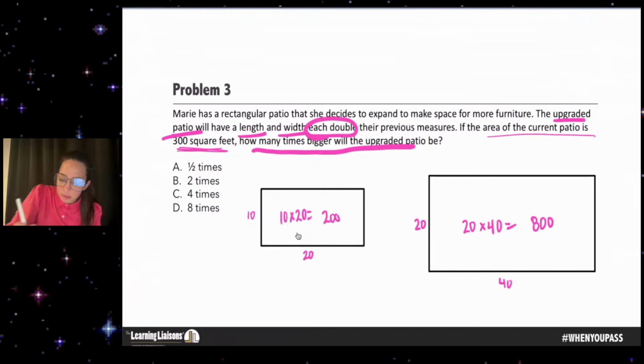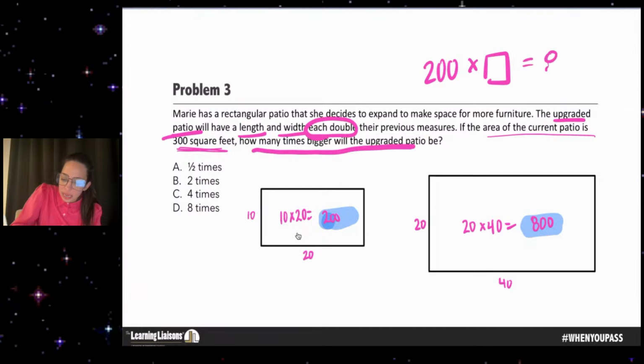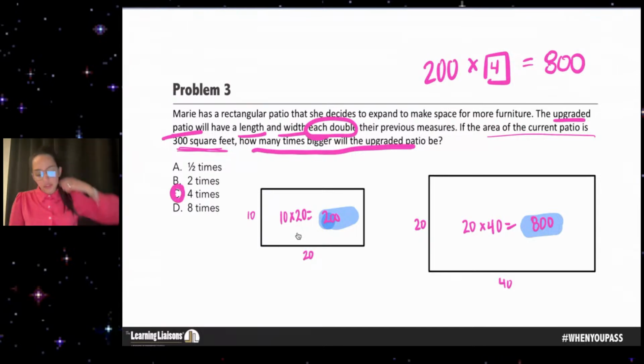How many times bigger is 800 than 200? 200 times what equals 800? 200 times 4. So the upgraded area of the patio is going to be 4 times bigger than the original.